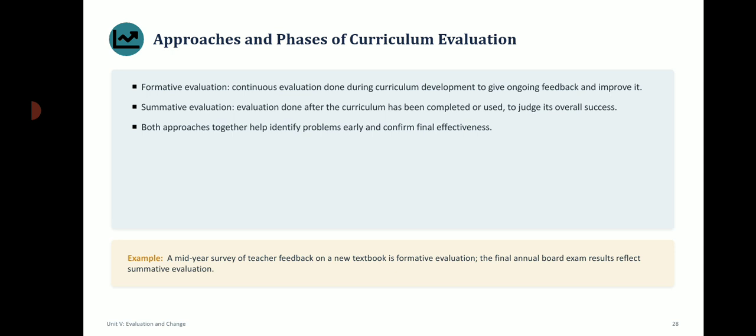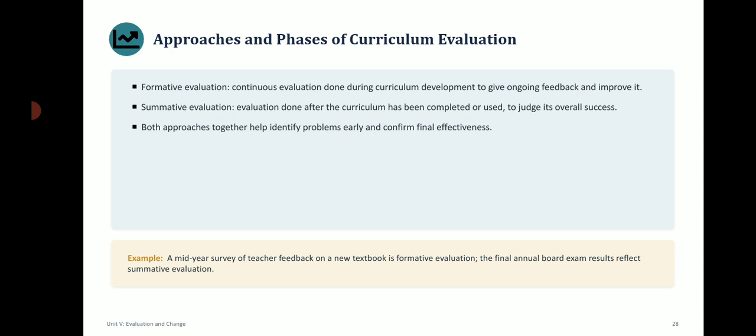So there are four elements in curriculum evaluation: context evaluation, input evaluation, process evaluation, and product evaluation. We call context and input evaluation curriculum initiation and structuring. Now, curriculum operations are process evaluation and product evaluation.